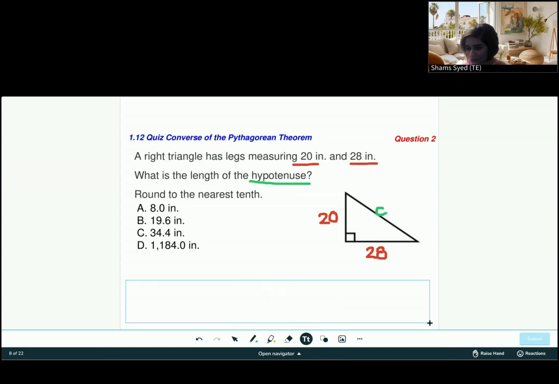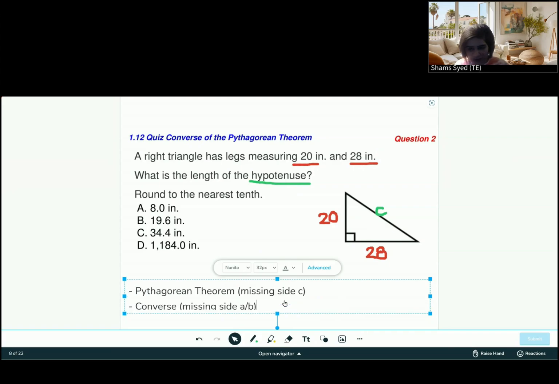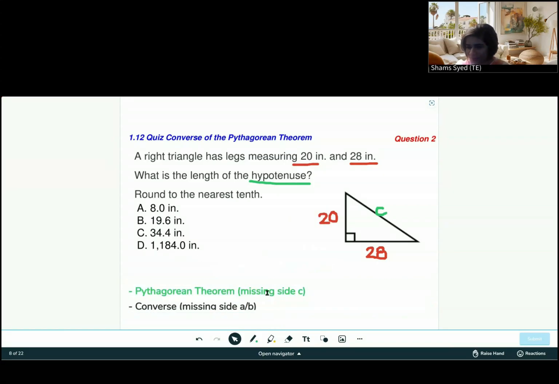If you think about the 2 formulas you have learned in this unit, in this case, we are going to use the Pythagorean theorem because side C is missing. A and B are given. Side A, we can say maybe is 20.